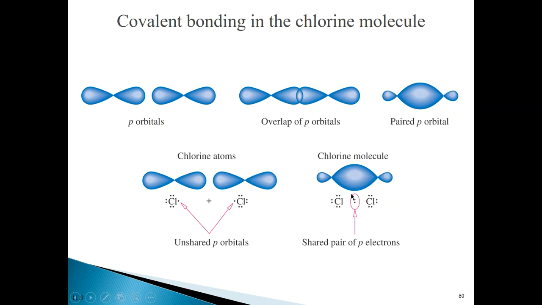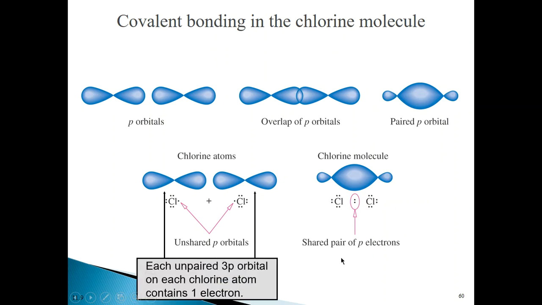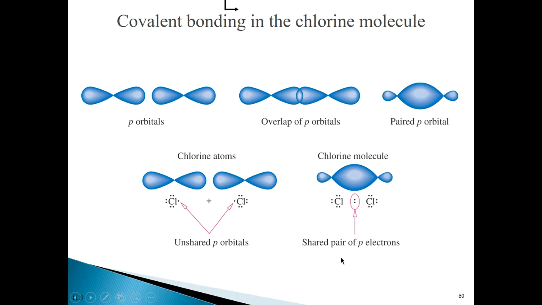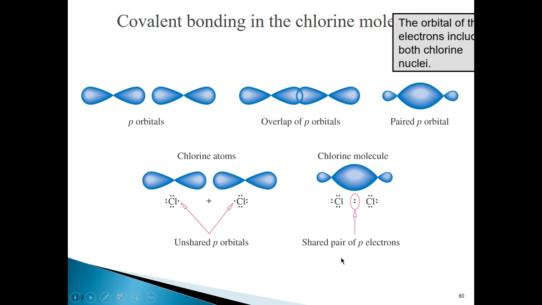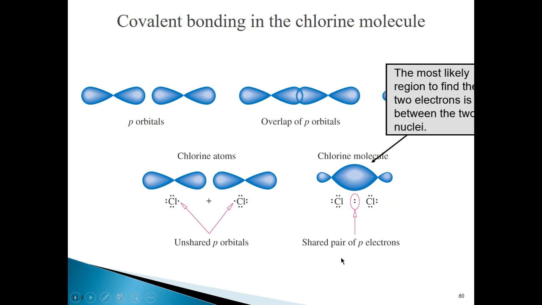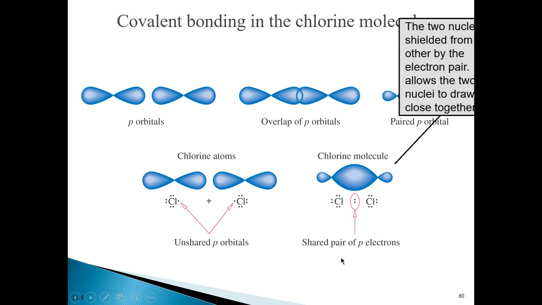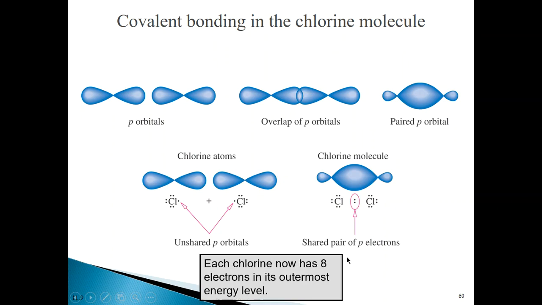So when they overlap, those electrons are shared, and again that constitutes the covalent bond. So that's basically what happens. Okay, so now in the case of chlorine, each atom will now have 8 electrons on its outer shell.